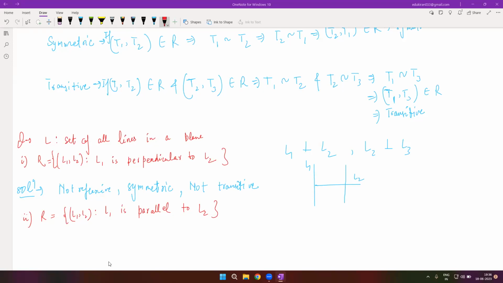Anji, start answering. Reflexive. Every line is parallel to itself. L1 is parallel to L1. Yes.